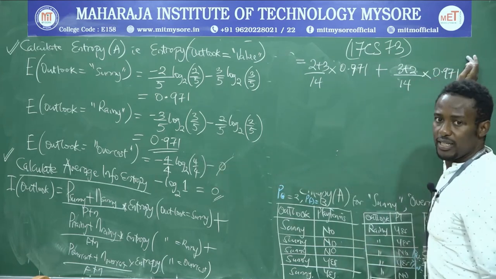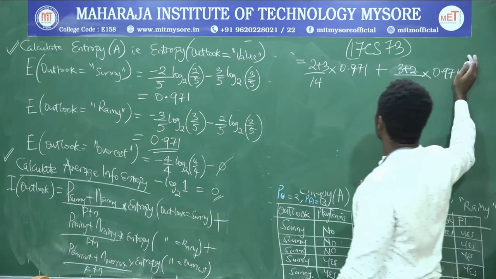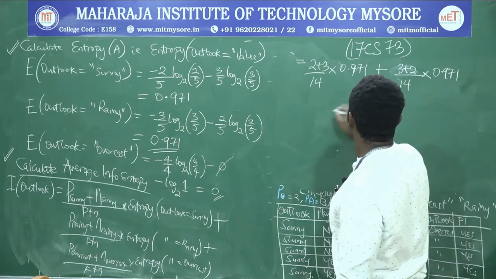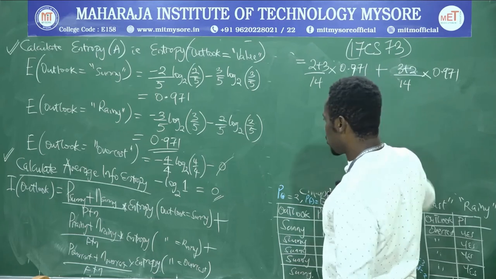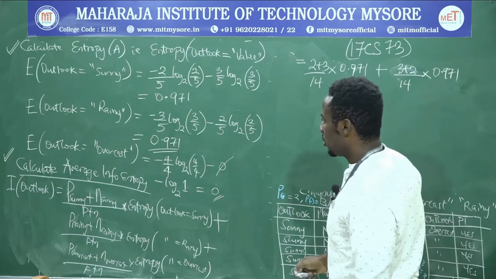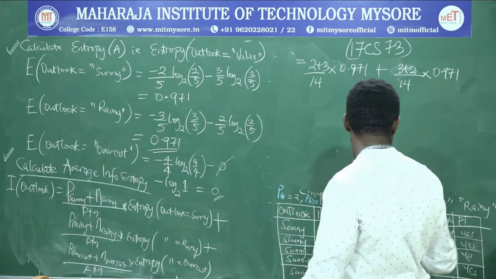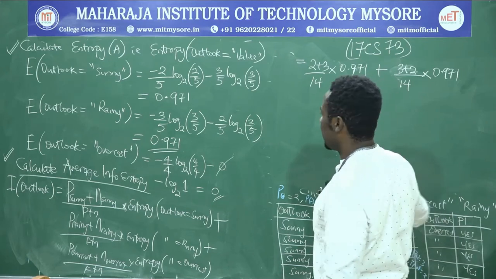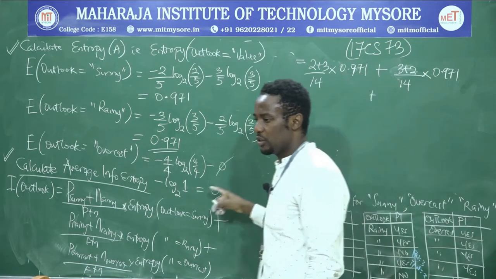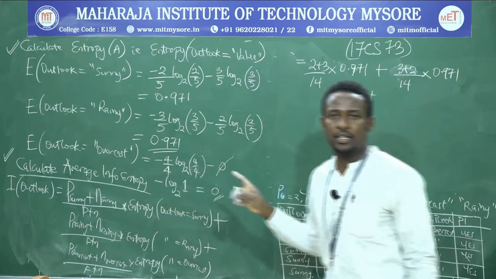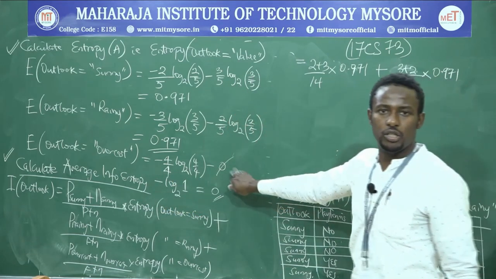I'm not going to go beyond this because you won't see the board. Plus the last one for Outlook. We had P plus N, and remember, the entropy was 0. Did you remember that? The entropy was 0, so I don't want to do this. Why?